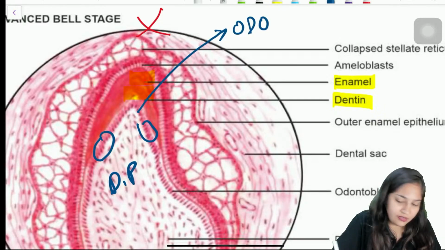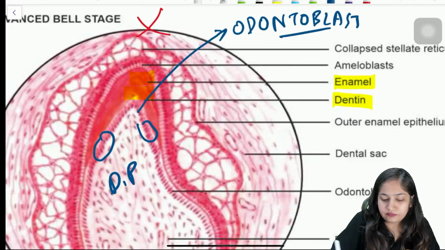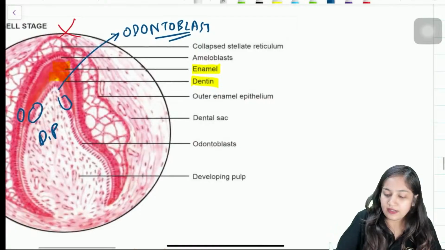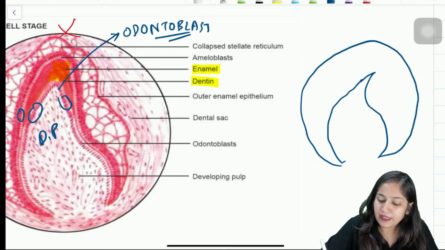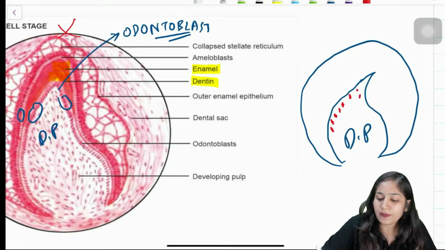Yes. Right. So under the influence of inner enamel epithelial cells, this is our dental papilla, right? So here the dental papilla cells will differentiate into odontoblast cells.